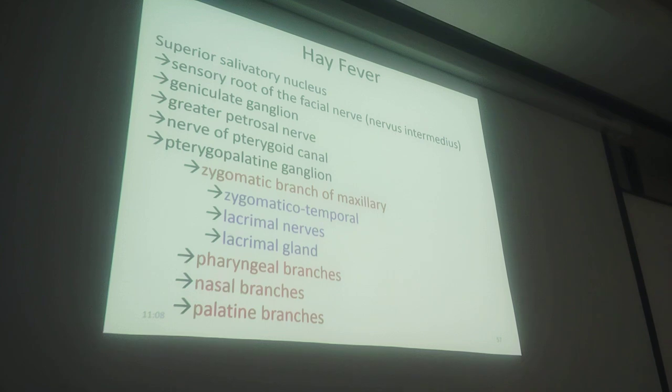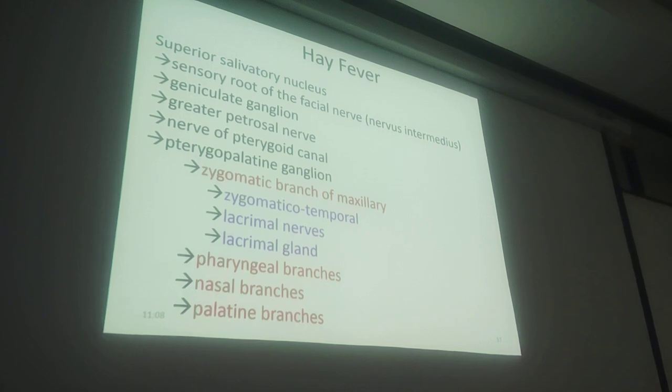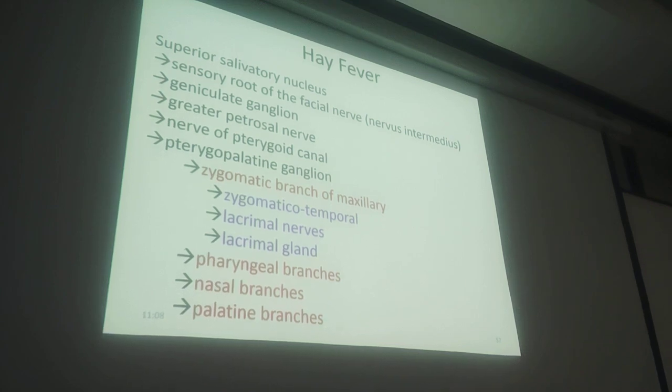If you have allergic rhinitis, hay fever, your nose will start secreting. Open the mouth, and there will be a pharyngeal drip because of the excessive secretion. You will also have tears rolling down.